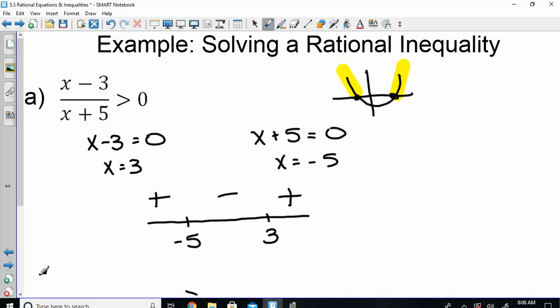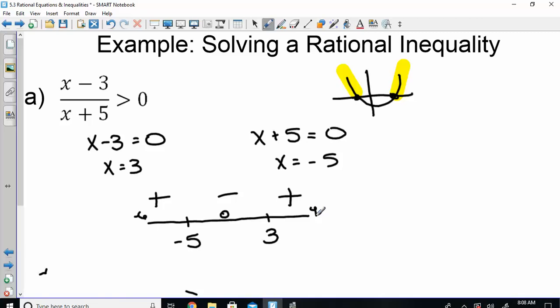The other option is, some of you are more algebra minded instead of looking at graphs. You can pick test points. So you would take something smaller than negative 5, like maybe a negative 6, something in between these, maybe a 0, and something bigger than 3, so maybe a 4. And you're going to plug them in up here and see if you get a positive or a negative. I don't care what the number is, just if it's positive or negative.